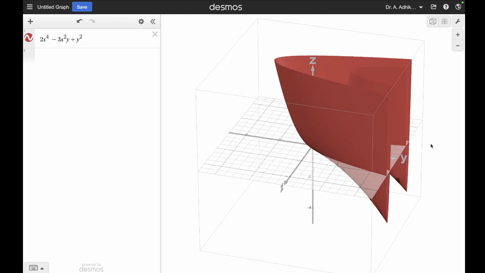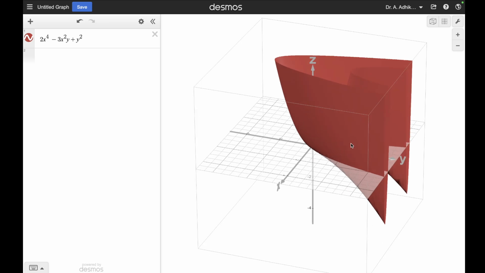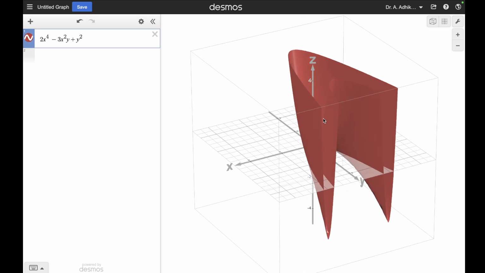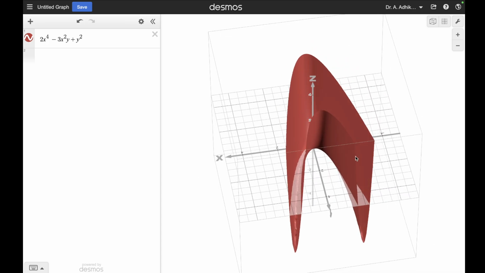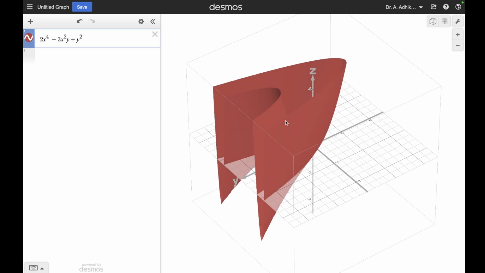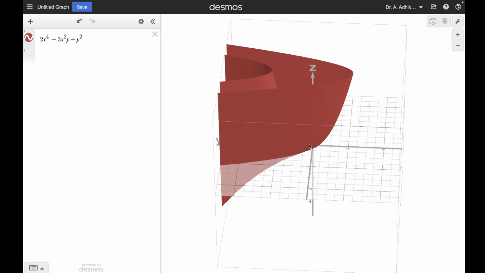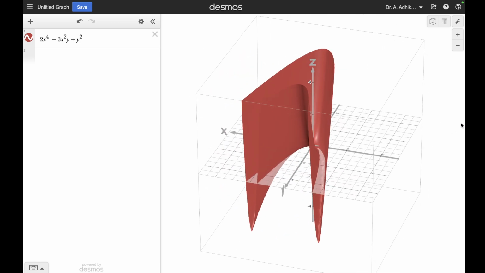This is the x-axis, this is the y-axis, and this is the z-axis. This point, the origin, is neither maximum nor minimum. This point is actually the saddle point.